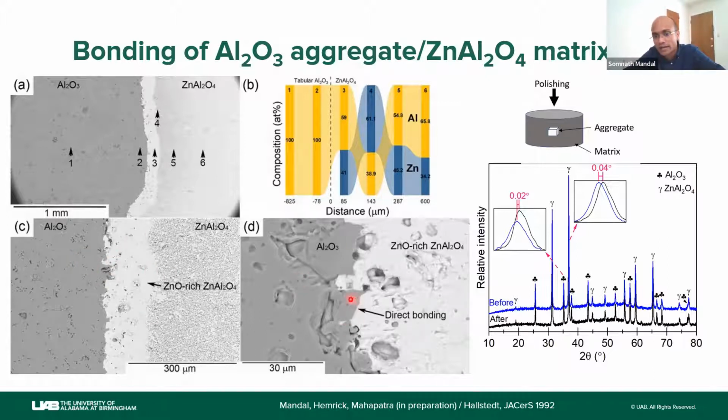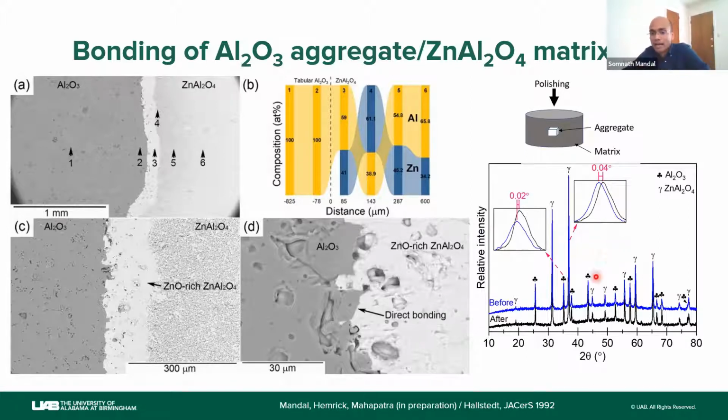You see there is direct bonding between this tabular alumina grain and zinc aluminate phase, which has been confirmed by a 1:1 volume percent mixture of powders of these two, and we found that there is this shift of the gahnite phase, the zinc aluminate phase, and we found that the alumina content was slightly increasing, which could mean that there was slight zinc oxide volatility from this zinc aluminate phase.